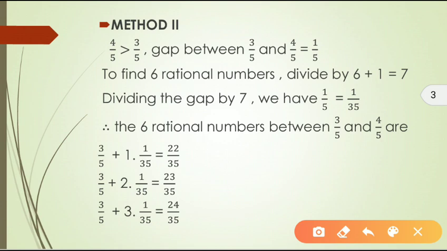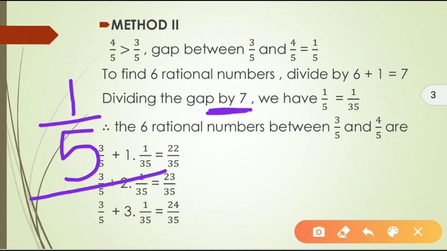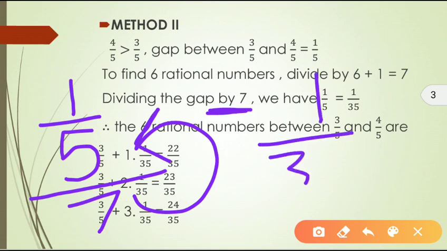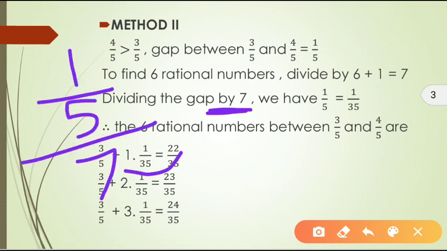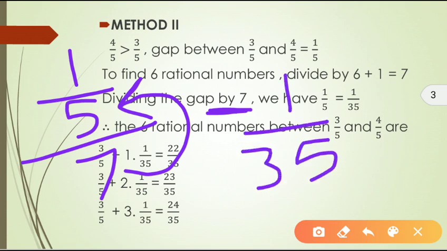Now divide the gap by 7. What is the gap? 1 by 5. When you divide 1 by 5 by 7, this will multiply by this and give 1 by 35.